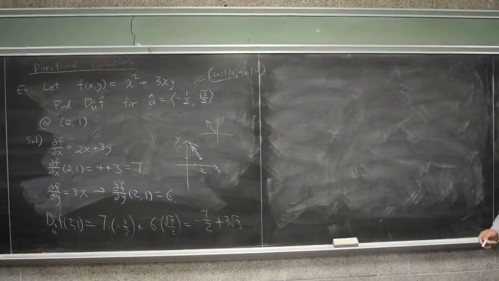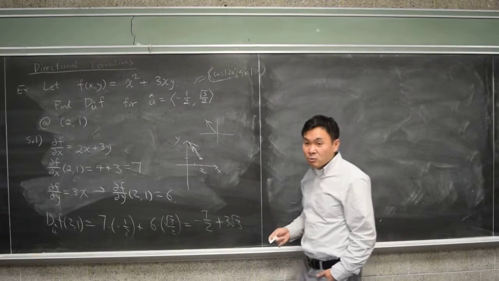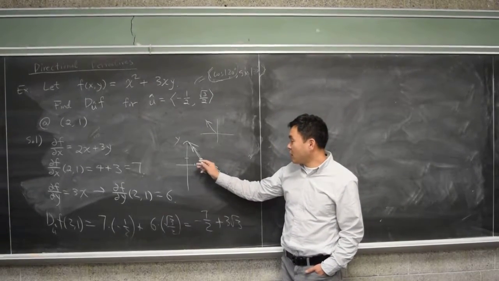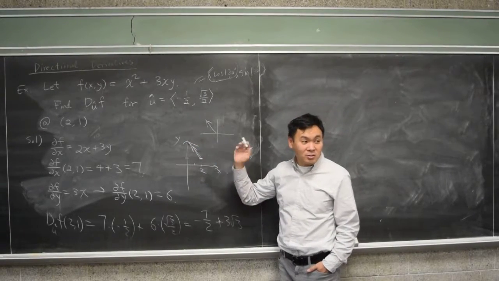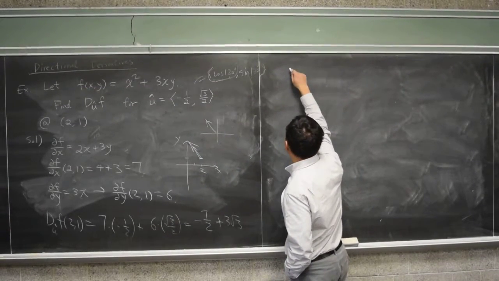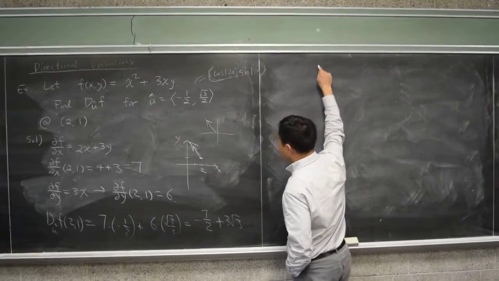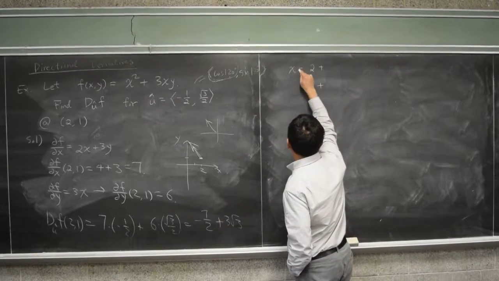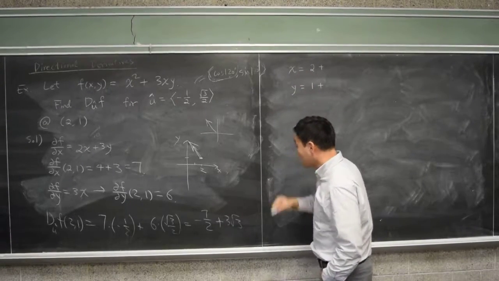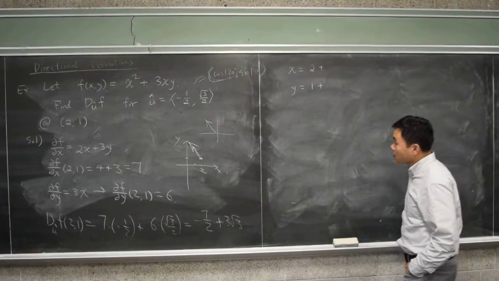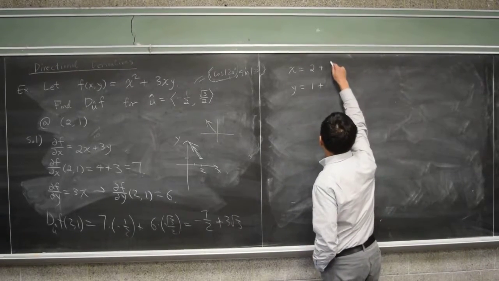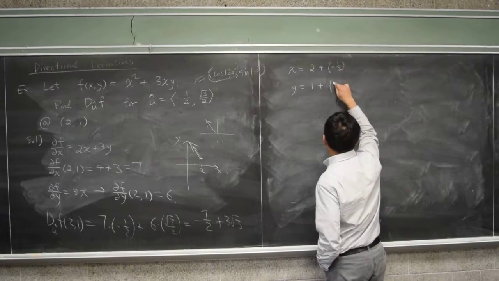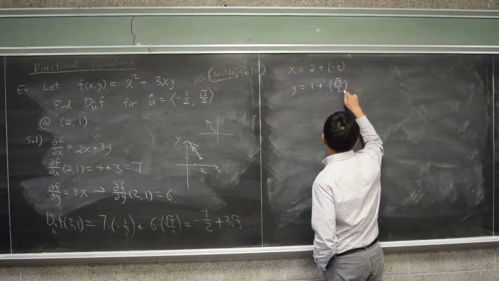Okay? Now, to give you a further understanding of what's going on, think about this particle that's moving on this line, starting at (2, 1), and you're moving at the velocity of (negative 1/2, radical 3 over 2).